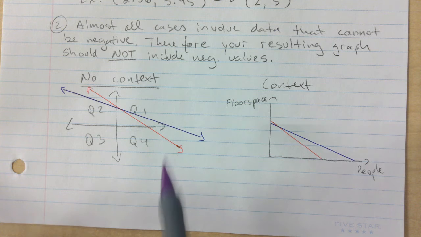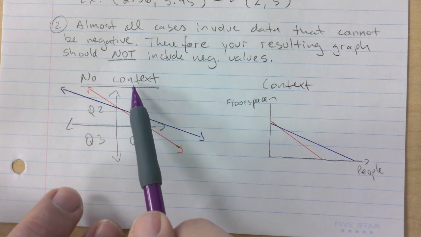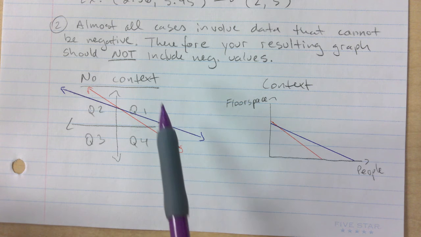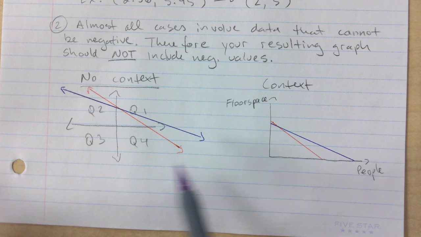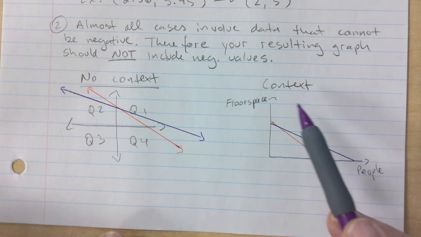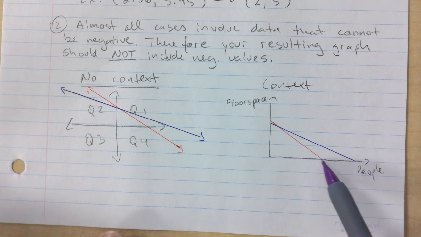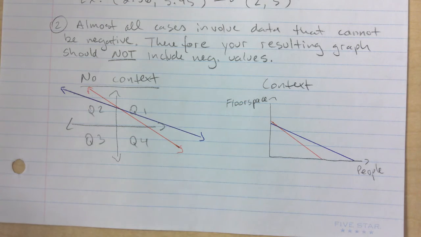So that's the difference, even with a quadratic. If a quadratic doesn't have a context around it, you span it over the whole thing. If it's a context, you're most likely just going to park there in quadrant 1.